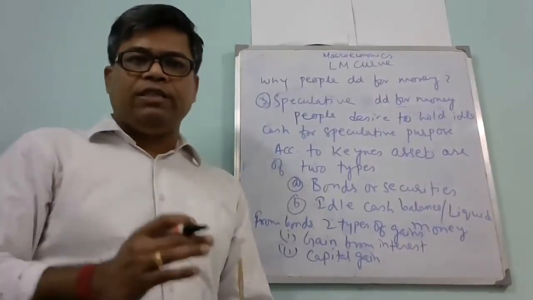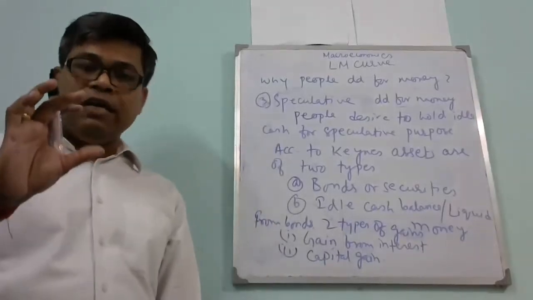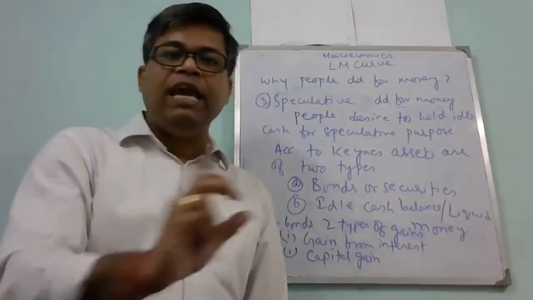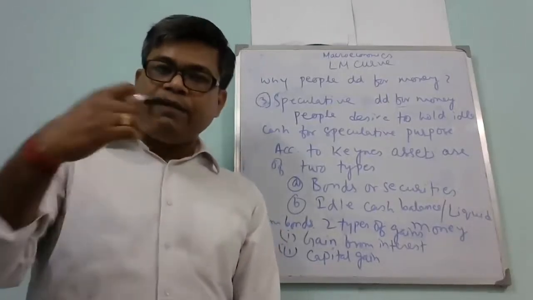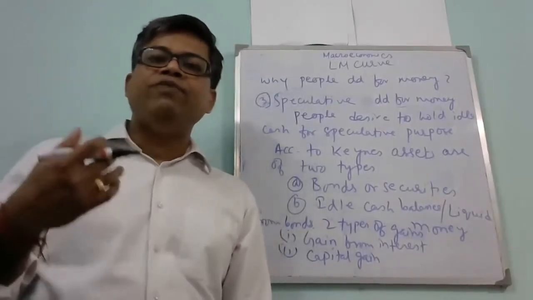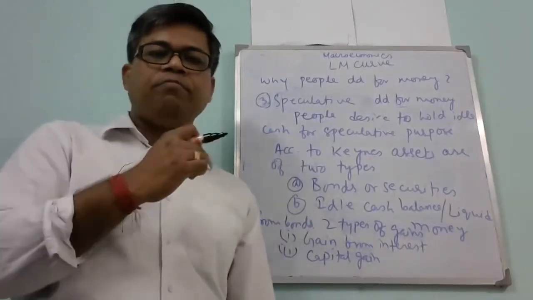So what is the difference? The difference is 5 rupees. This 5 rupees gap is called a capital gain. That means if the price of the bond increases in the future, then the difference will be positive, and this is called a capital gain.